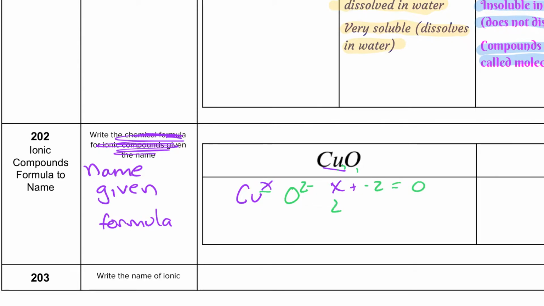So what is that value? 2. So here we have copper, and here's where we use our Roman numerals because copper can have more than one charge. So in its name, we have to identify the charge. So here, copper 2. And then we have oxygen, where we change the ending to oxide. Oxygen's a little confusing when you change its name. It's not oxygenide, it's oxide.